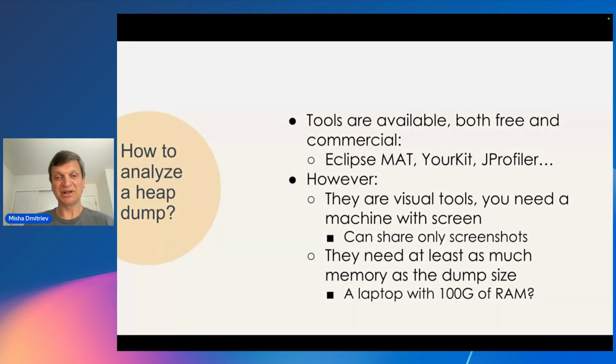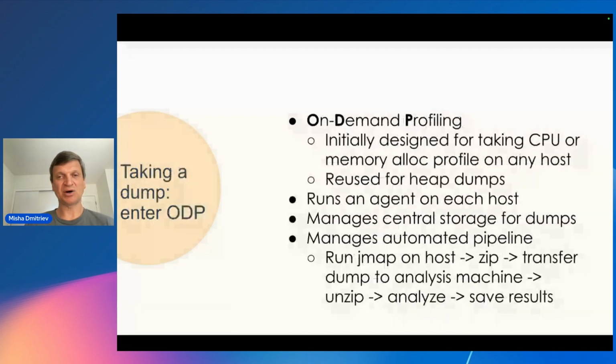Okay, so now let's explain how we solved these two problems, taking a heap dump and analyzing it, at LinkedIn. To take a heap dump, and to save users from jumping through all these hoops, we reused a system which fortunately already existed, a homegrown distributed system called on-demand profiling.